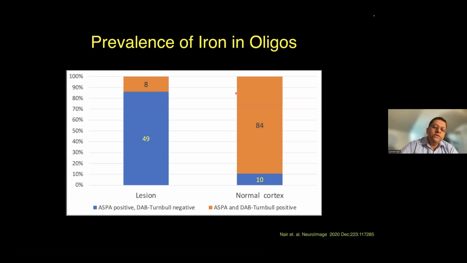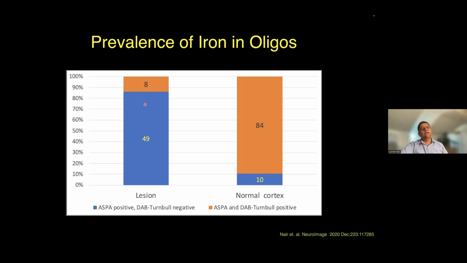When we count these things, normal cortex has about 90% of the oligos with iron. That is 84 out of a total of 94 oligos that had iron, but only about 10% in the lesion cortex had iron. So there were a lot of oligos here that did not have iron.